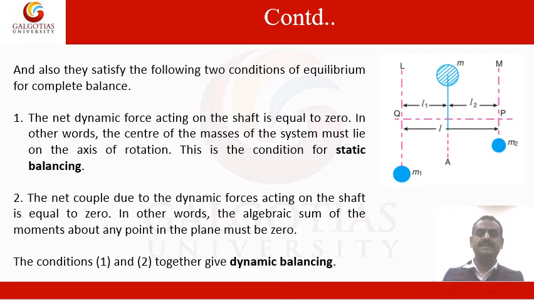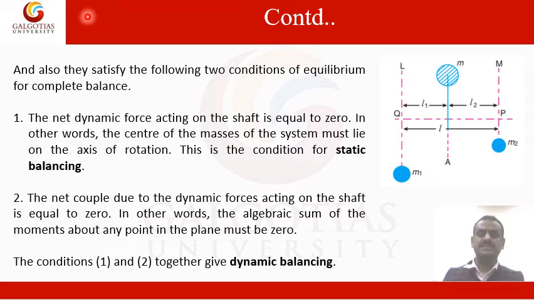For the complete balance of rotating masses, the following two conditions of equilibrium need to be satisfied. The net dynamic force acting on the shaft is equal to 0. In other words, the center of masses of the system must lie on the axis of rotation. This is the condition for static balancing.